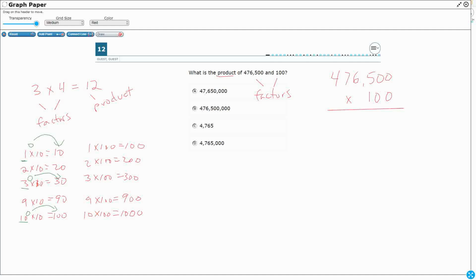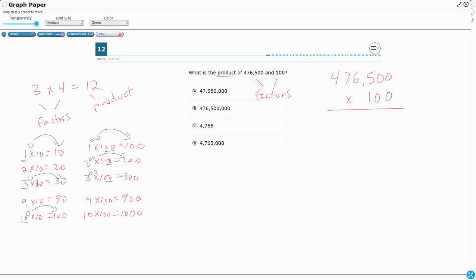But let's look at that same pattern. Does it exist? Well, you can take this non-100 factor, in this case 1, and add two zeros because there are two zeros in 100, and you get your product.